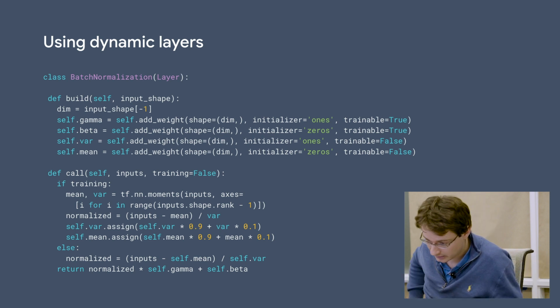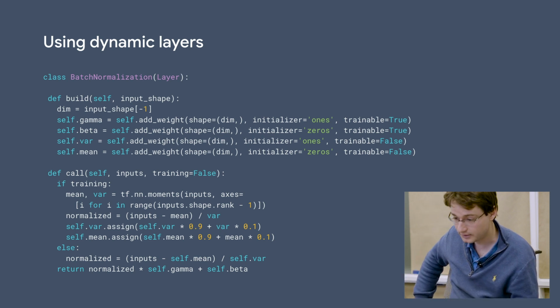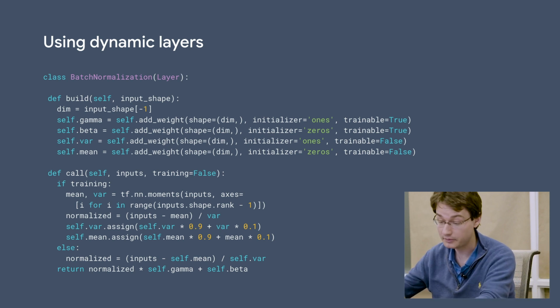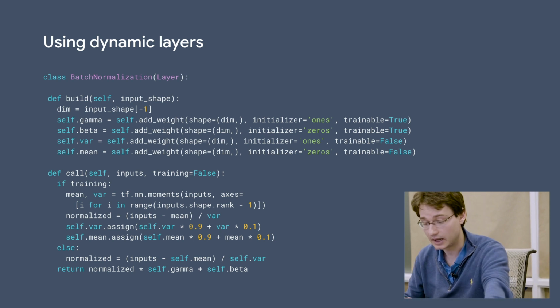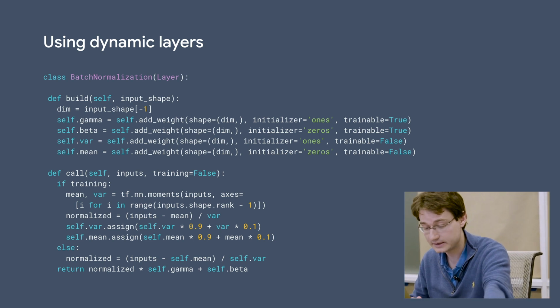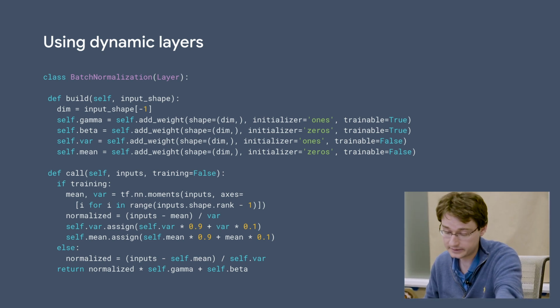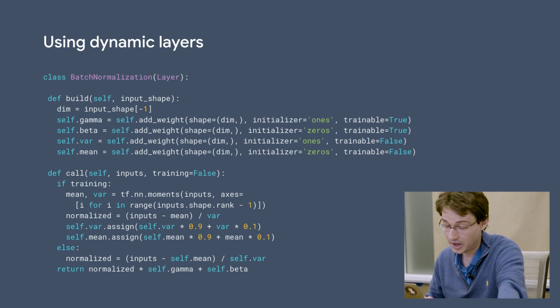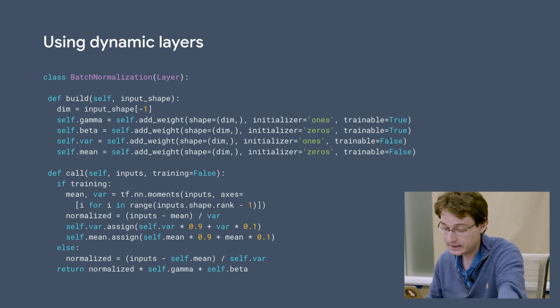There's actually a small subtlety with this layer, which makes it unfortunately ungraphable, which is basically doing assignments of variables, so updates, in a branch of a conditional. This would be relatively easy to avoid.